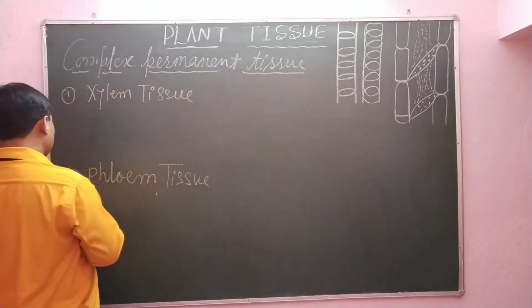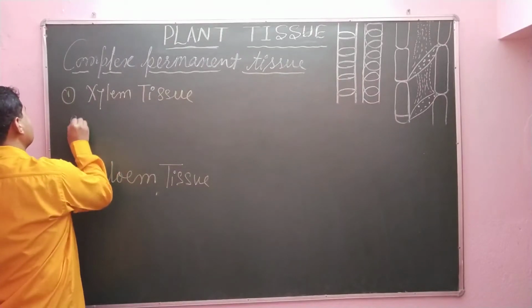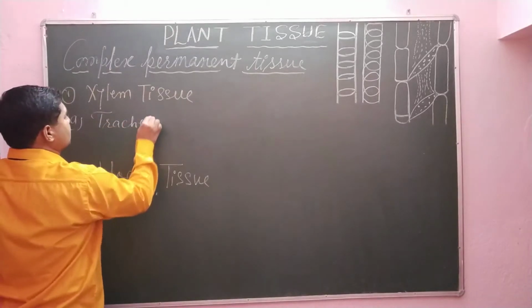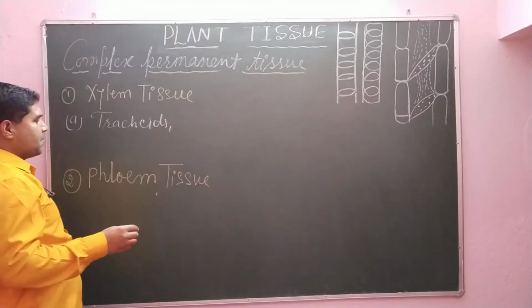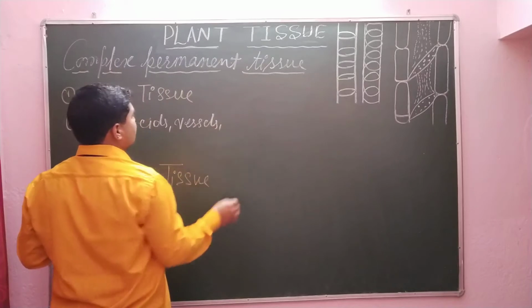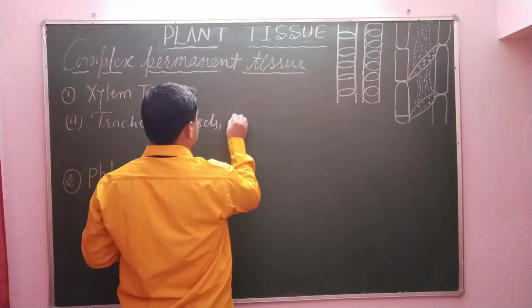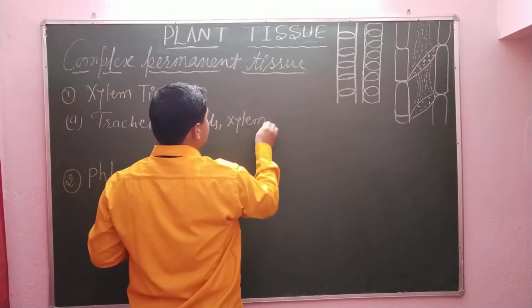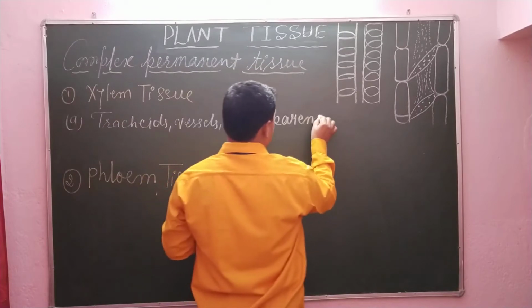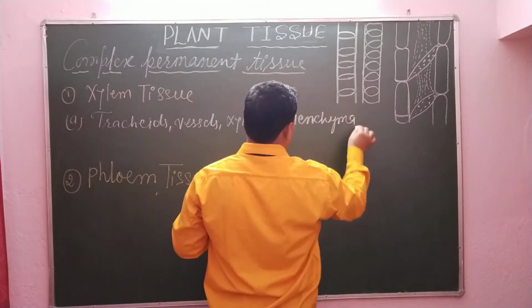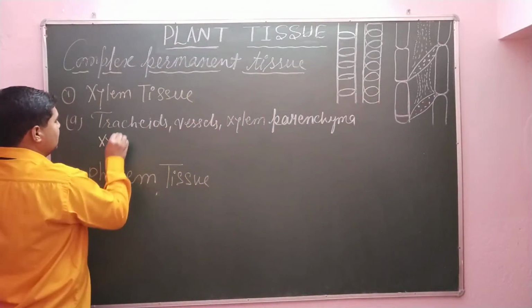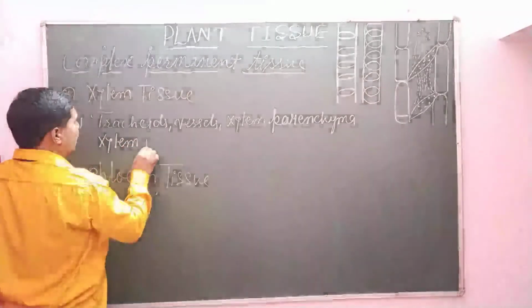First, tracheids. Second, vessels. Third, xylem parenchyma. Fourth, xylem fiber.